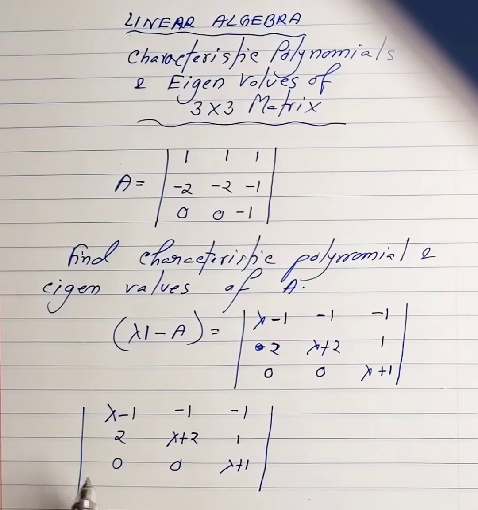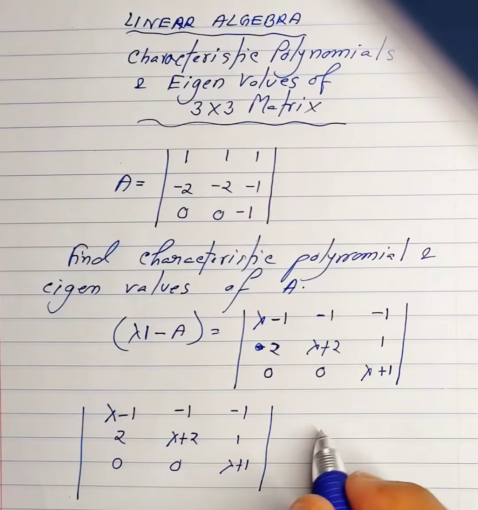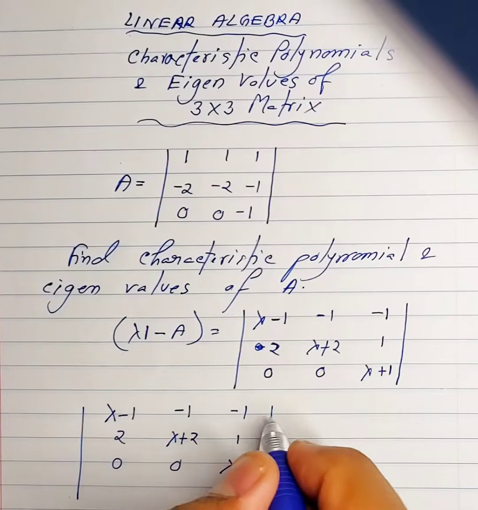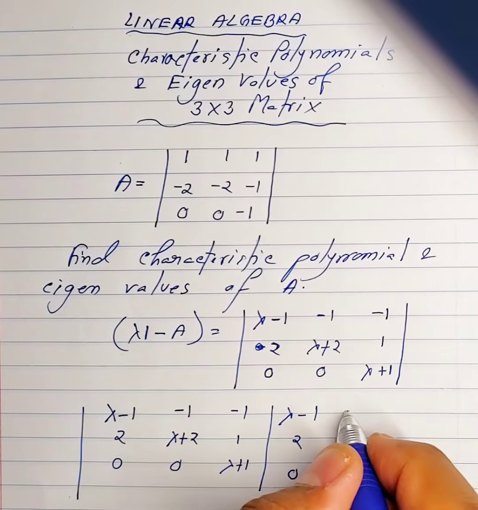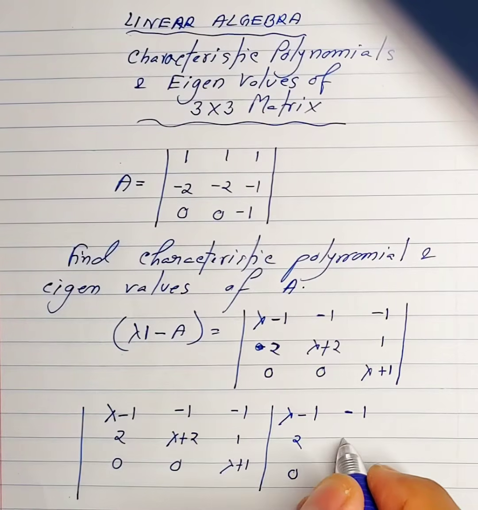So take these two columns again, because you need to take the 3 by 3 matrix. If I multiply this way, I need to connect 3 of them. So I can take this again, lambda minus 1, 2, and 0, and the second column again, and 0.